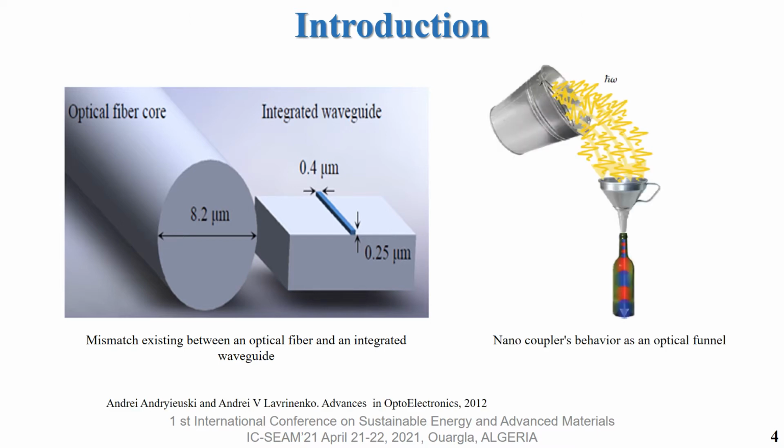Therefore, many studies have developed transitional devices called couplers, which play the role of optical funnels destined to focus the light coming from a large to a small area with minimum optical losses. Our work consists of exploiting the fundamental mode of a C-shaped waveguide to design a nanocoupler able to ensure a highly subwavelength light focusing with good transmission and coupling coefficients.